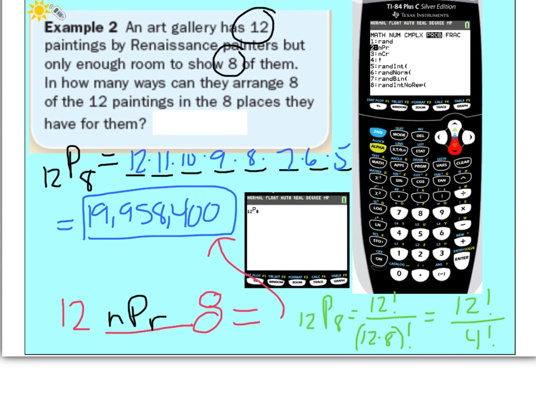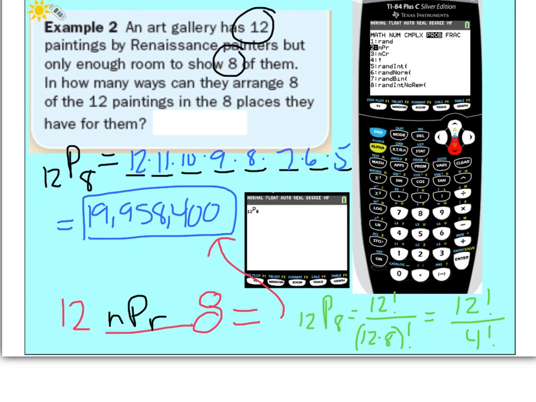Now you also have the choice of using the graphing calculator to use the formula we talked about. If you did 12 choose 8, it'd be 12 factorial over 12 minus 8 factorial, which is 12 factorial over 4 factorial. Now on the calculator, you're going to find that button right here, a few spaces under nPr.